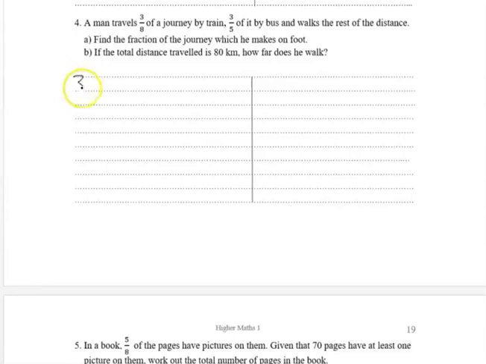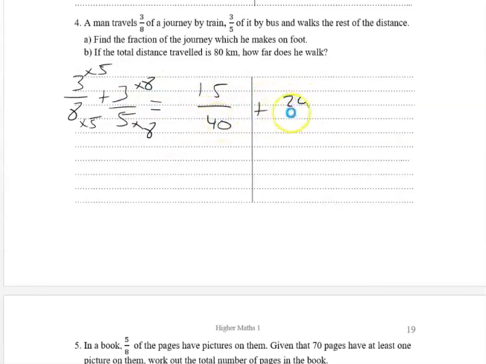So that's going to be 3/8 plus 3/5. The LCM of 8 and 5 is going to be 40. So we multiply the numerator by 5 for the 8, and multiply the numerator by 8 for the 5. So we're going to get 15 over 40 plus 24 over 40, and that should give us 39 over 40.